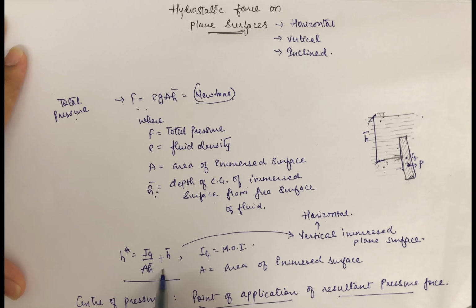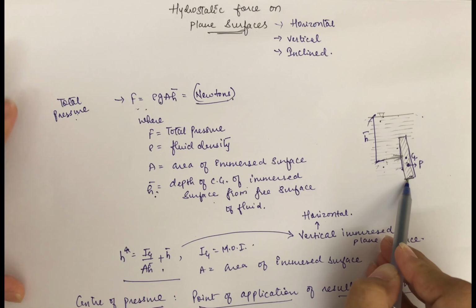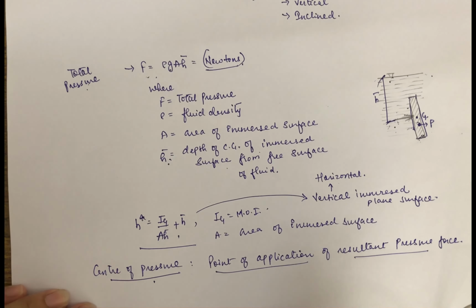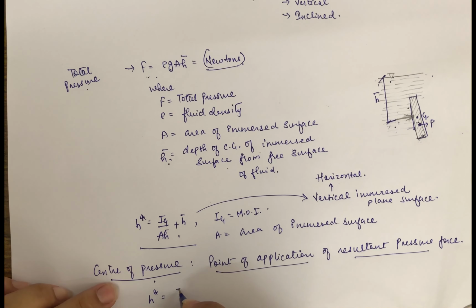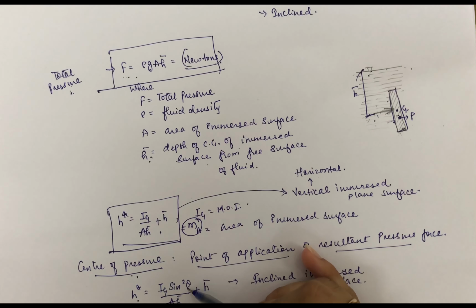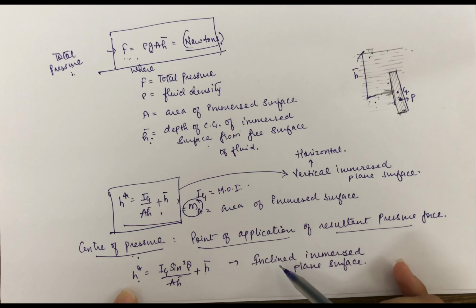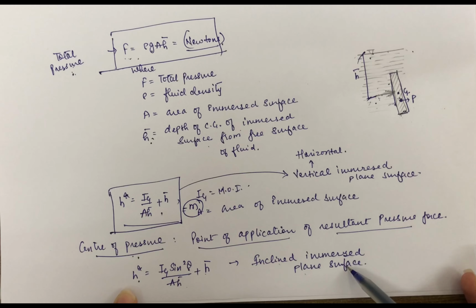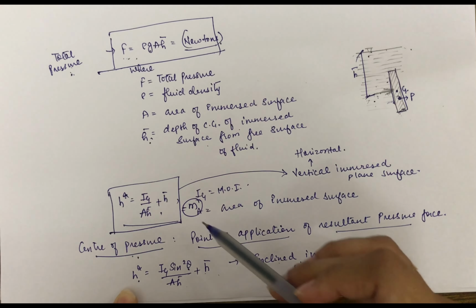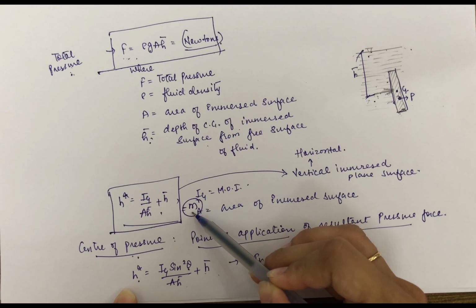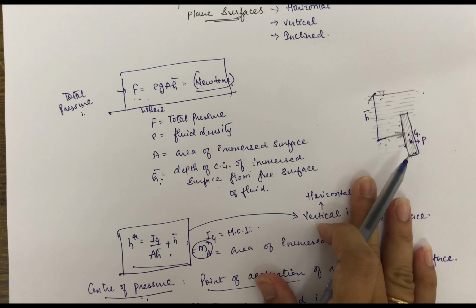But suppose your plane surface is inclined, then the formula that will be used will be H star = Ig sin square theta upon A h bar plus h bar, and this is used for inclined immersed plane surface, and this center of pressure is measured in terms of meter. So I hope you are clear with the two definitions over here.